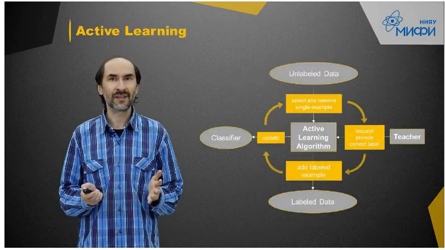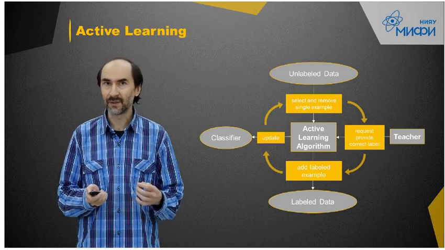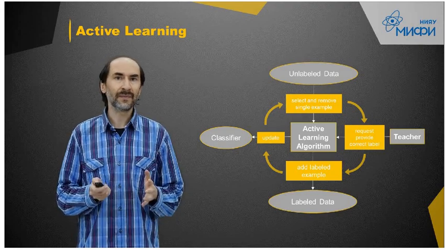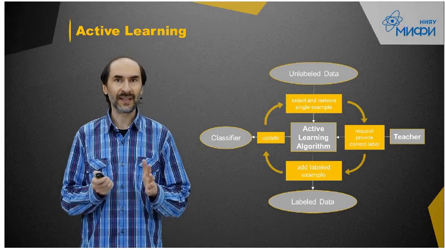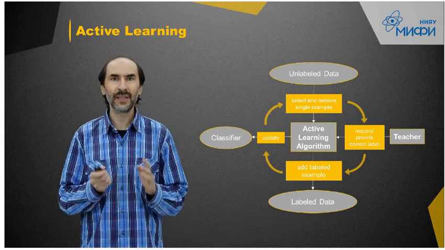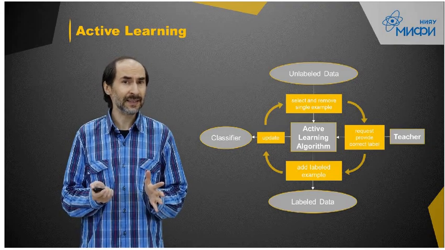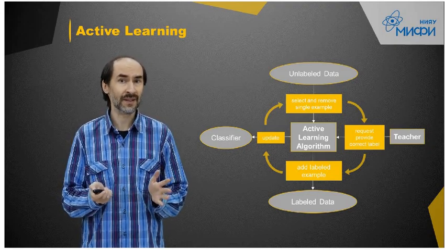So we mostly have unlabeled data, but we also have a possibility to query labels for some data if needed. The problem in active learning can be, for example, classification, but at the same time we try to minimize the number of queries to the oracle. In mathematical statistics, active learning is known as optimal experimental design.